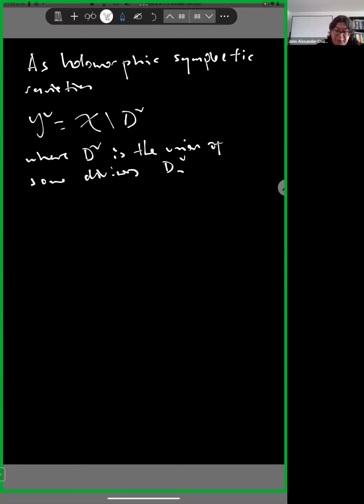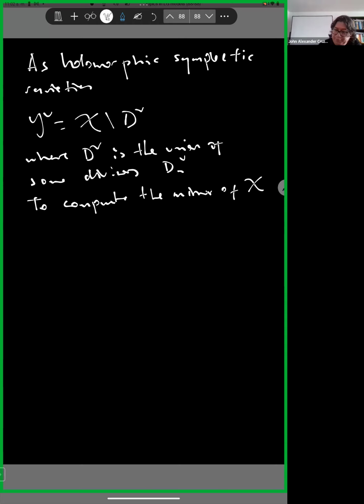So if we want to compute the mirror of X, we need to understand the mirror of partially compactifying this Y check by adding the divisors, right?